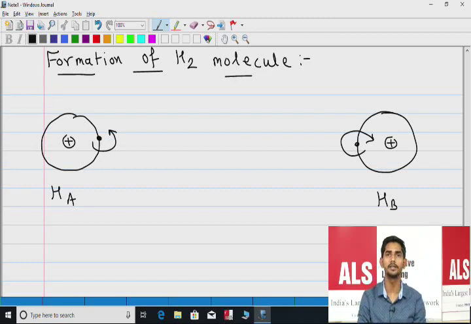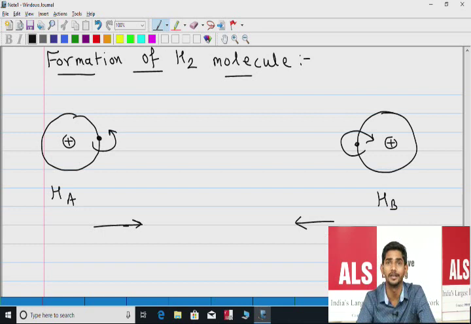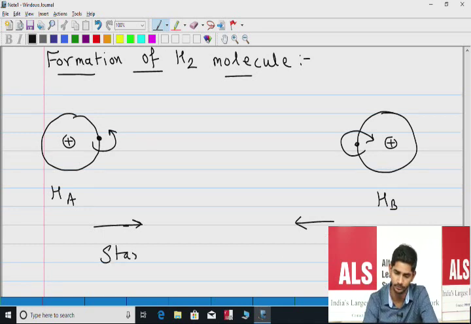So, whenever any atom is present at the infinite distance with respect to another atom, no attractive or repulsive force will be acting over them. Okay. So when they start approaching each other, new attractive and repulsive forces will start to operate. Currently they have got the infinite distance. Okay. Now start approaching.